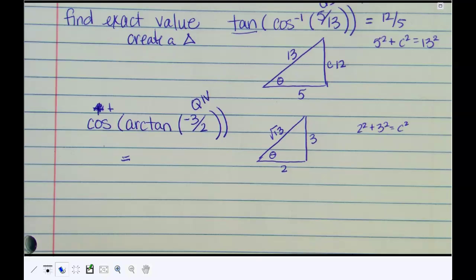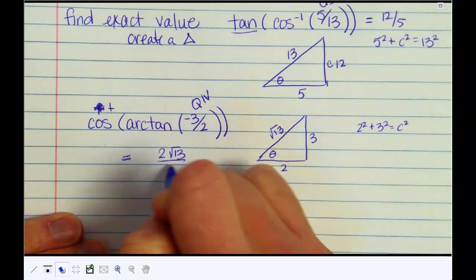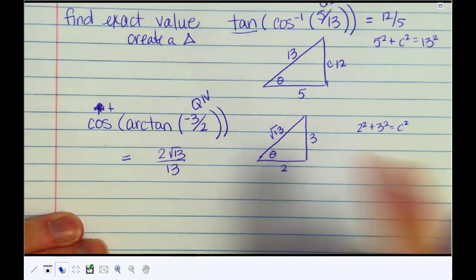Okay, so the cosine is going to be what? 3 times the square root of 13 over 13. No, 2. 2 times the square root of 13 over 13, right? Because it's opposite over hypotenuse.